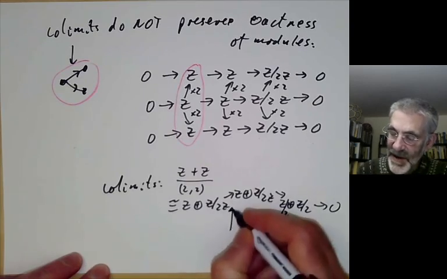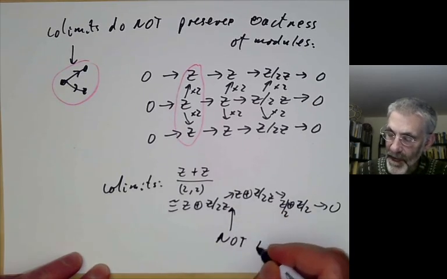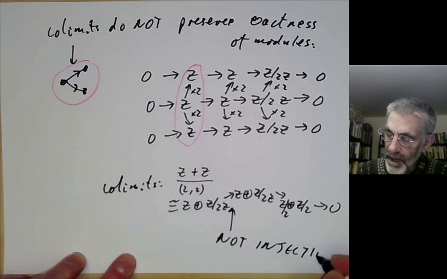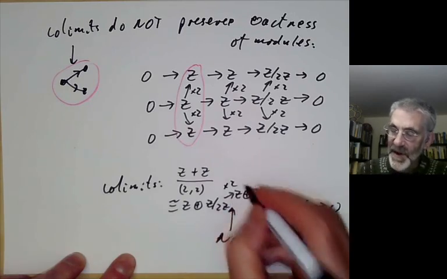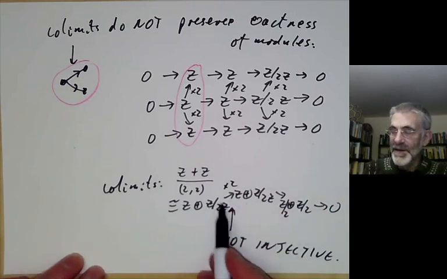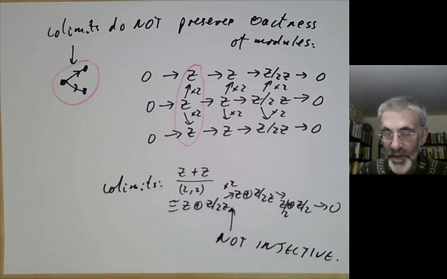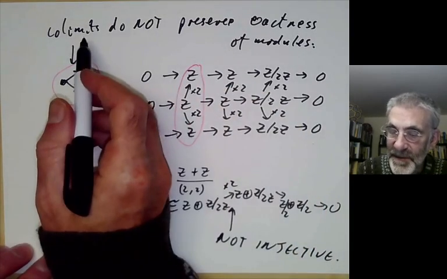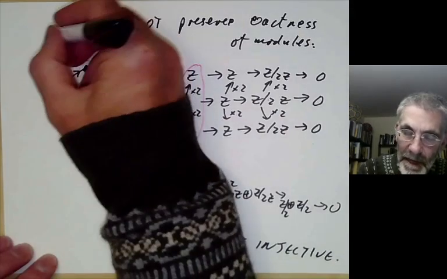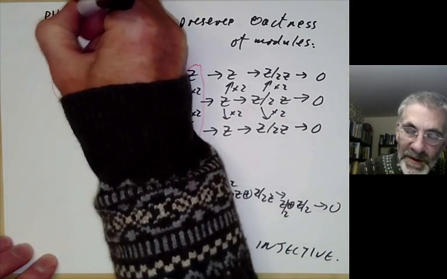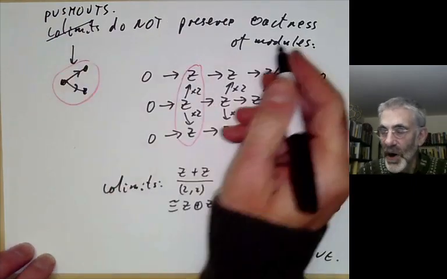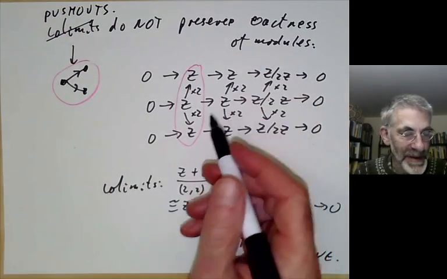However, this map here is not injective, because this map is just multiplication by 2, and it kills an element here. So colimits, or at least push-outs, which are a special sort of colimit, do not preserve exact sequences.